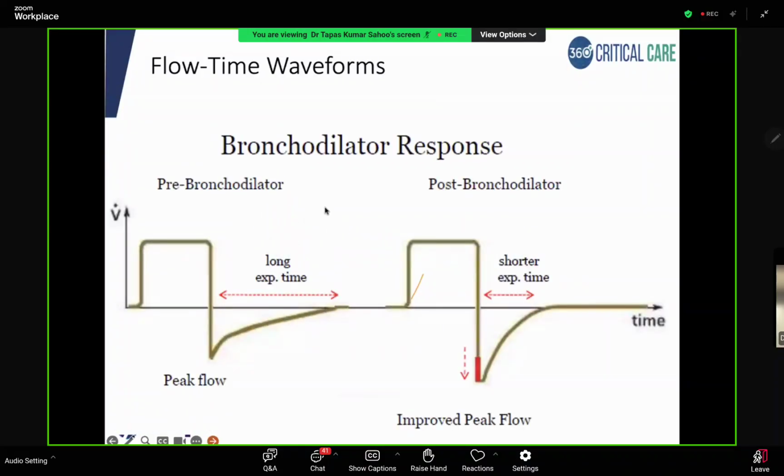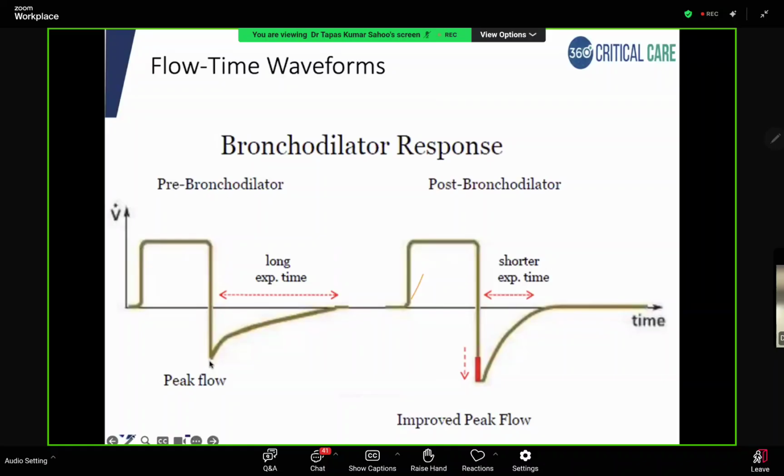Now, if your patient is a COPD patient and you are getting an expiratory waveform which is taking a long time, that means adequate expiration is not happening and there is dynamic hyperinflation. So the examiner would be expecting that you say the peak flow is not optimal.